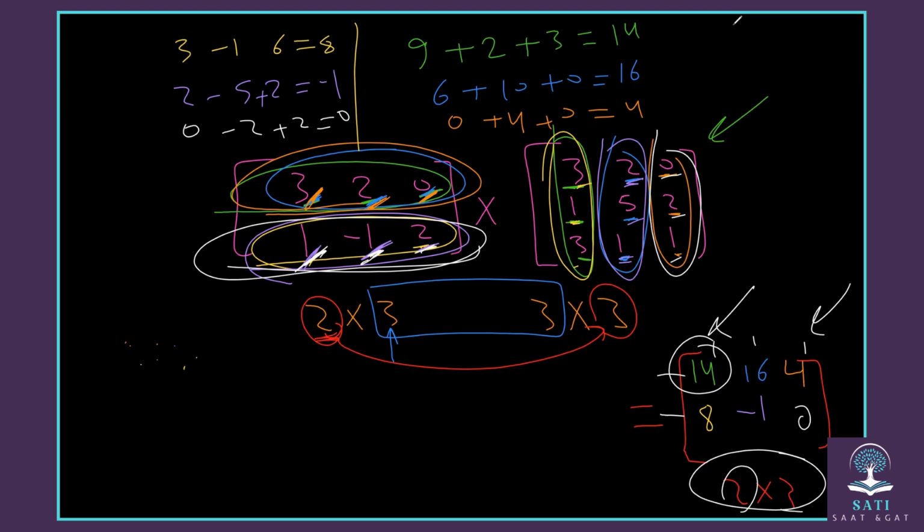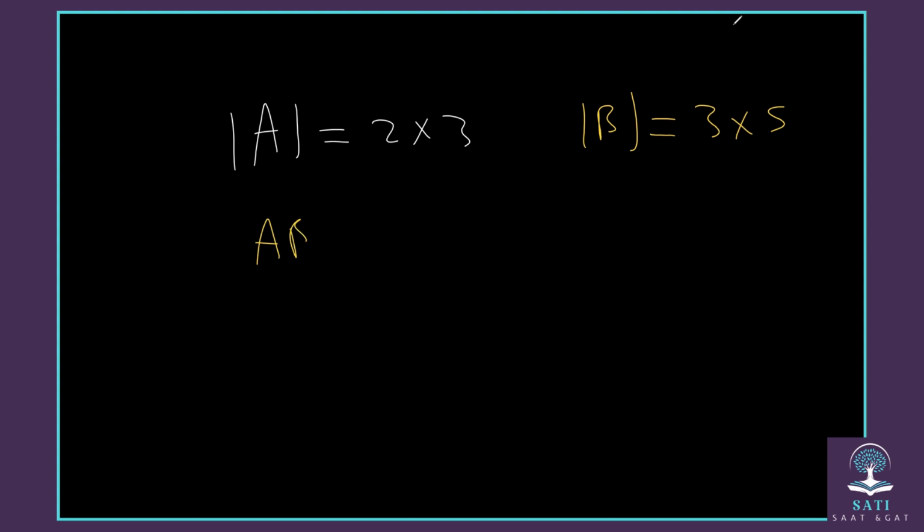How? If I tell you matrix A has order 2 times 3, and matrix B has order 3 times 5, what will be the order of matrix AB? That means when you multiply A times B, what will be its order?